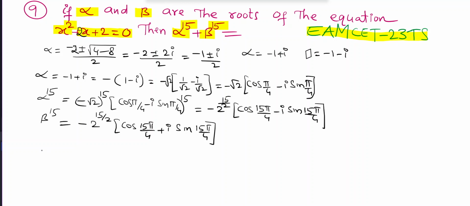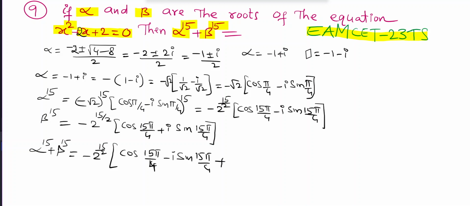So add these two equations, that is alpha power 15 plus beta power 15 is equal to, in both the terms minus 2 whole power 15 by 2 common, that is cos 15 pi by 4 minus i sin 15 pi by 4 plus this value cos 15 pi by 4 plus i sin 15 pi by 4.